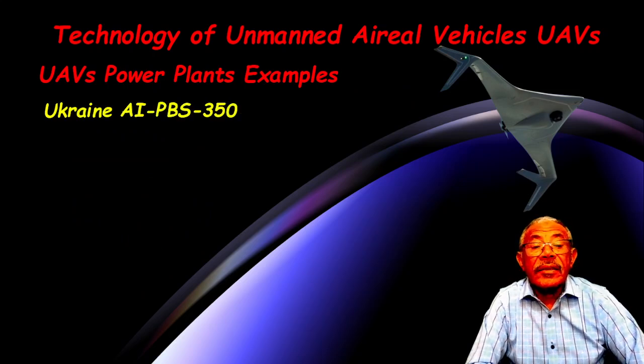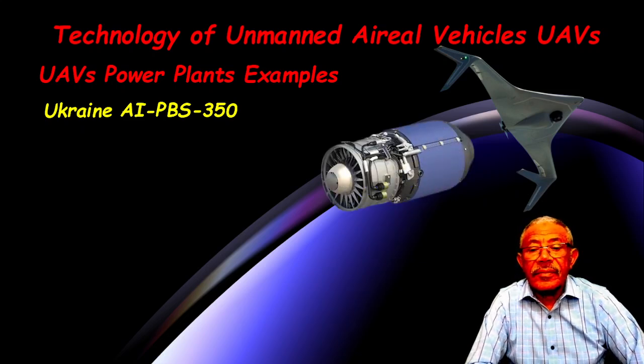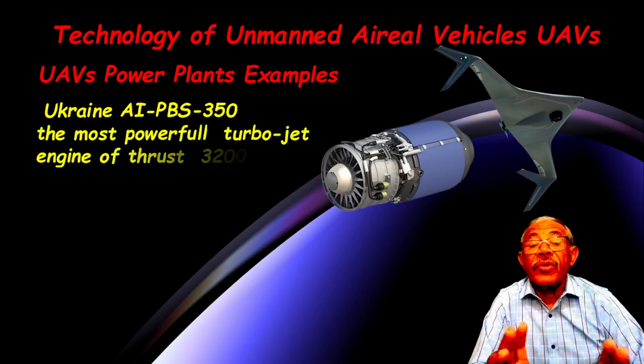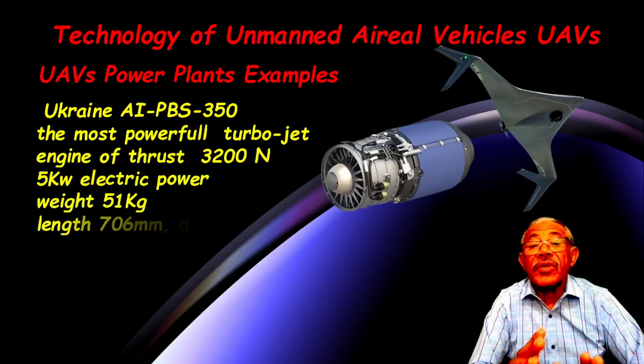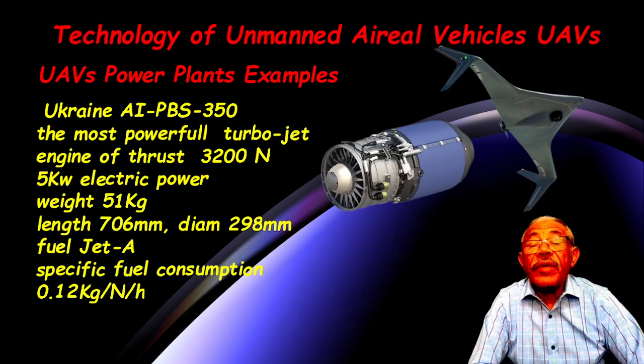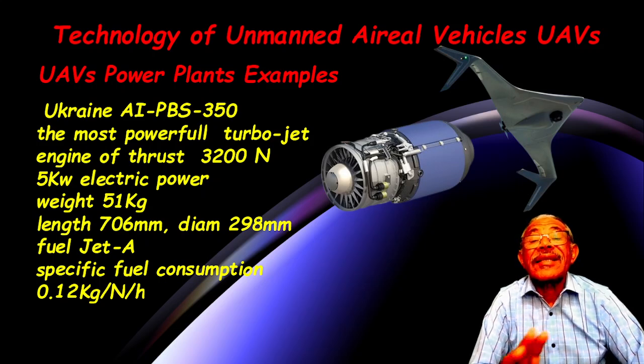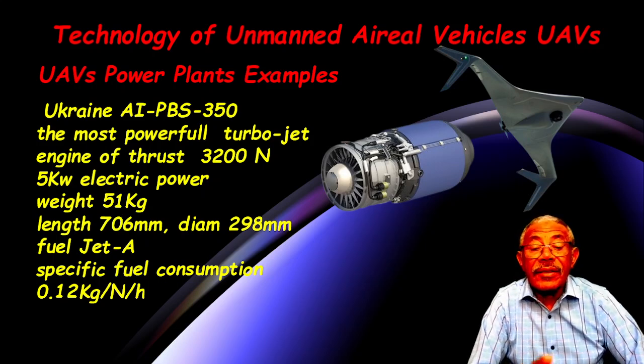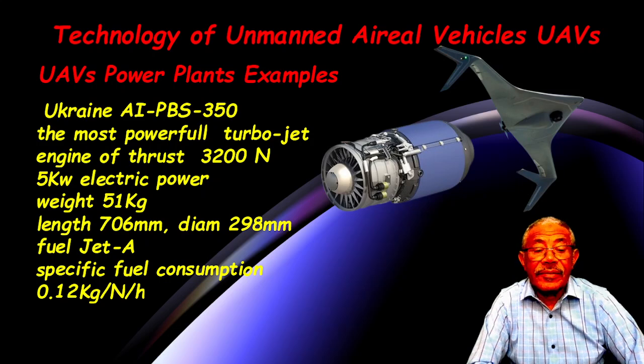Ukrainian PBS 350. The most powerful turbojet engine, with thrust of 3200 newtons, 5 kilowatt electric power, weight 51 kilograms, length 70.6 centimeters, diameter 29.8 centimeters.